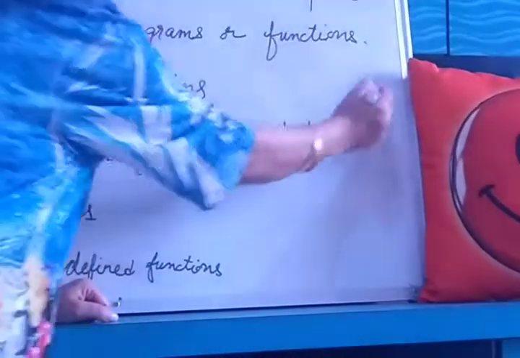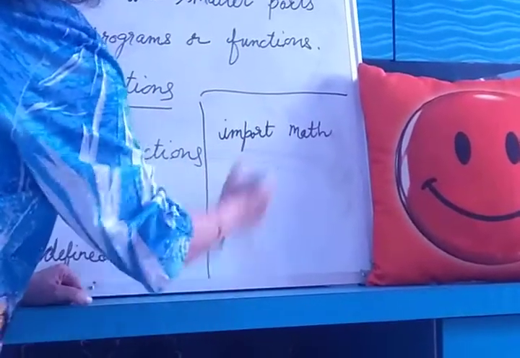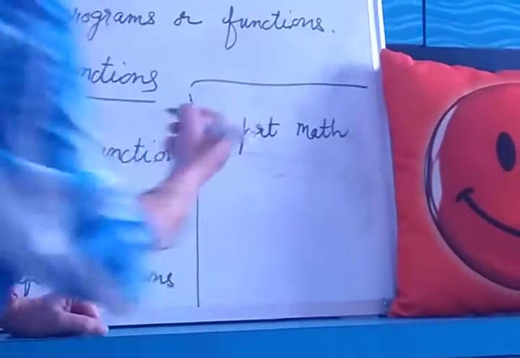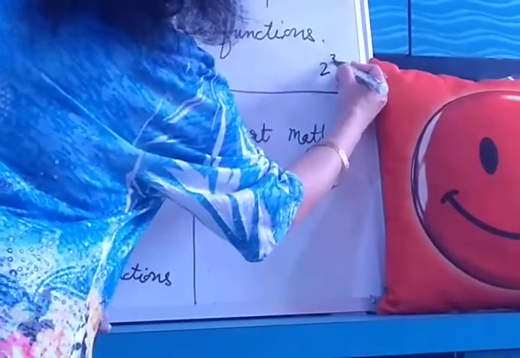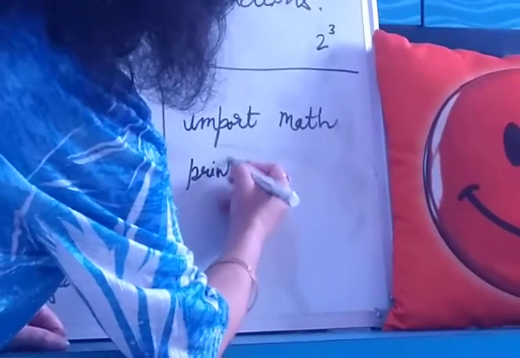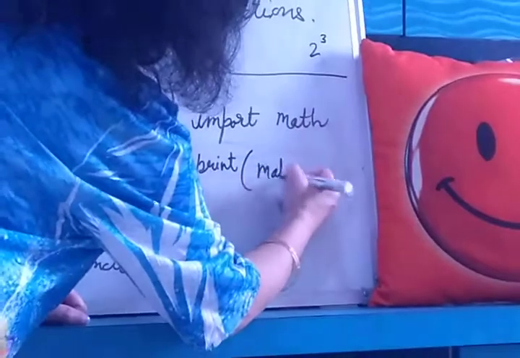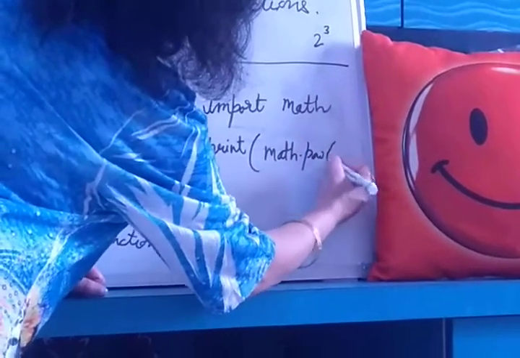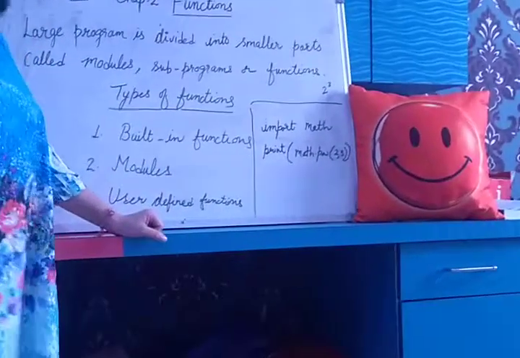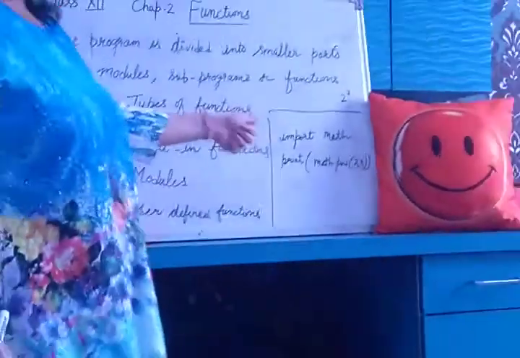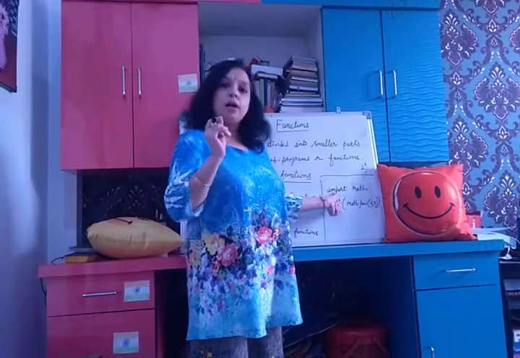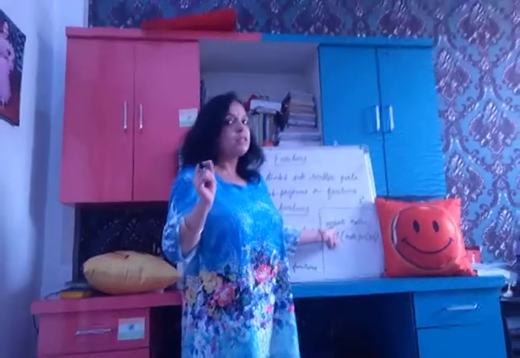Math is the name of a module in Python, and you want to use the power function of math, pow, which is used to calculate say 2 raised to the power 3 or whatever. So you will use it like math.pow(2, 3). I'm directly printing this value. Math is the name of the module, and the import statement is used to import that particular module in your program. Without importing the module, you cannot use these functions.